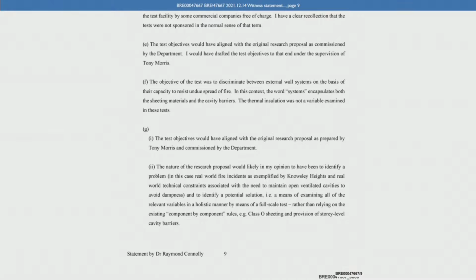And he goes on to say that test 2 was designed to be representative of, although not to replicate exactly, the external cladding system used at Knowsley Heights.